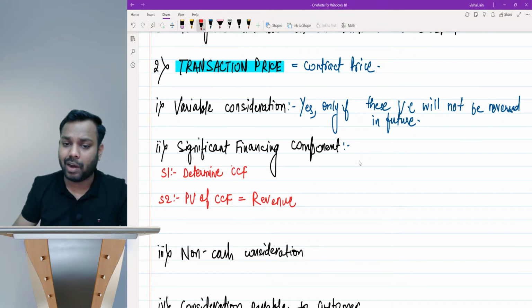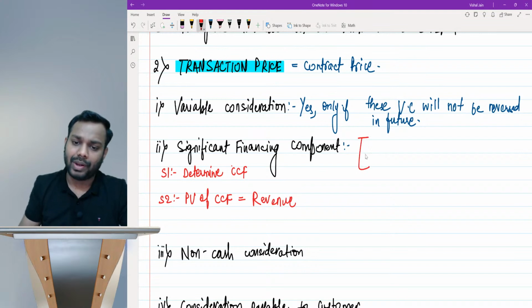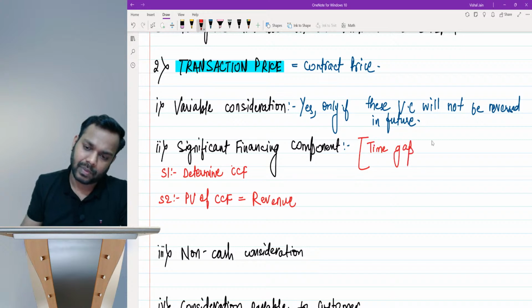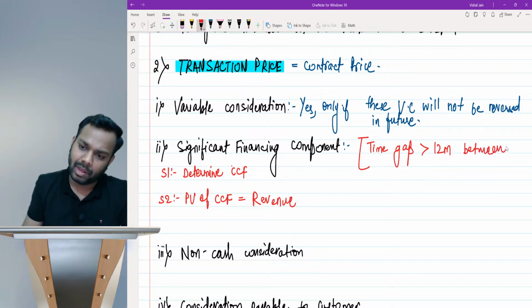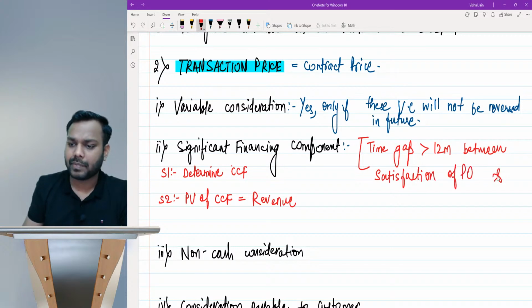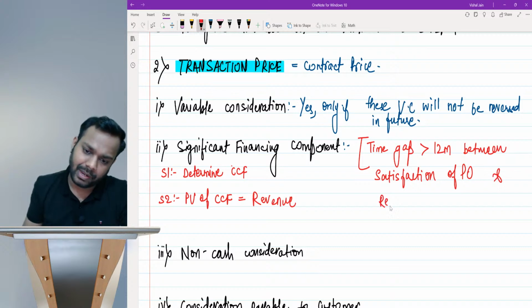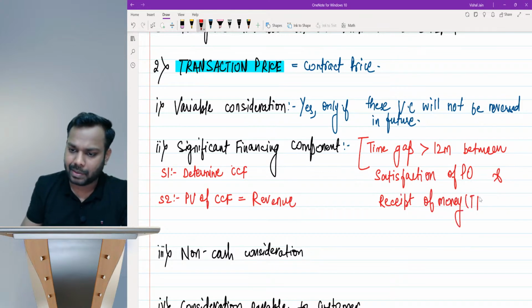Now how will this work? First, there should be a time gap greater than 12 months between satisfaction of performance obligation and receipt of money, or you can say, in the bracket, transaction price.